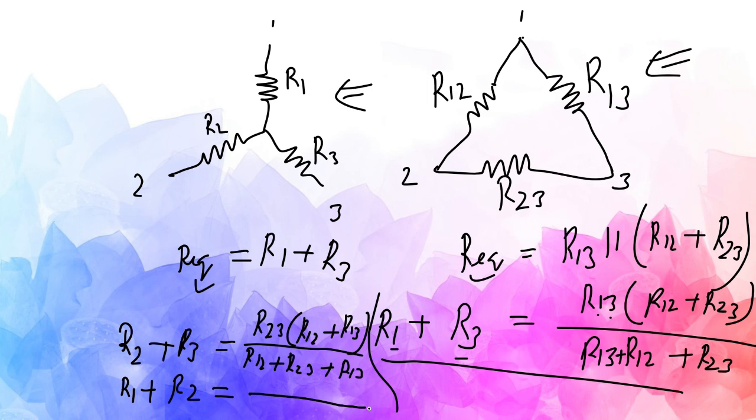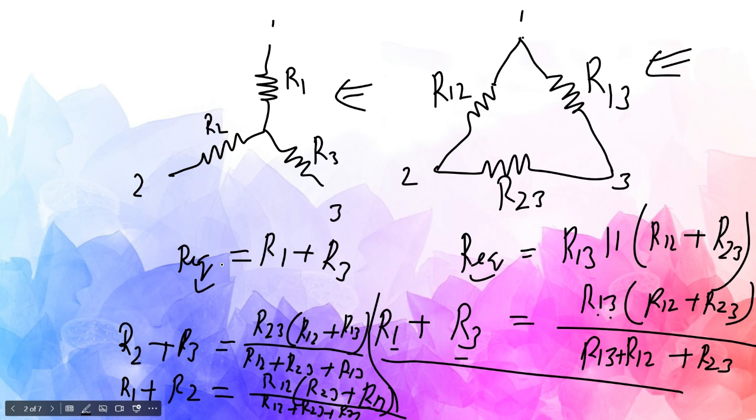Same way, what will happen here? It will be like R12 into R23 plus R13 by R12 plus R23 plus R31.